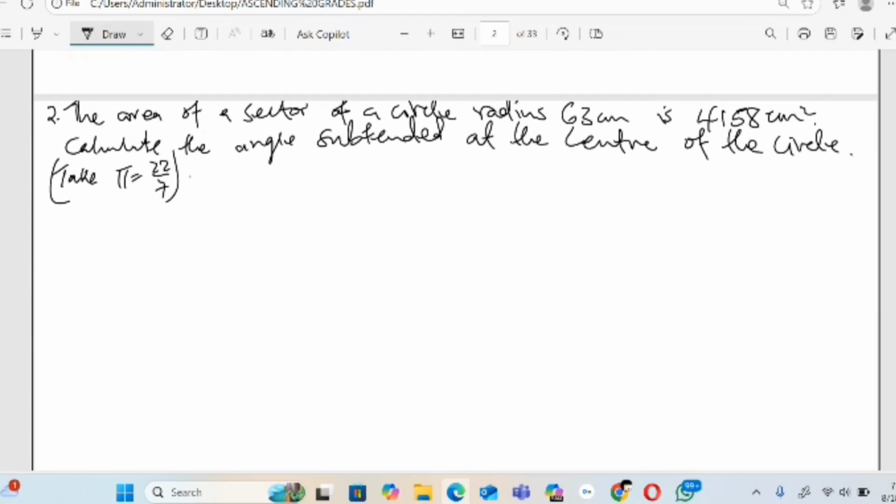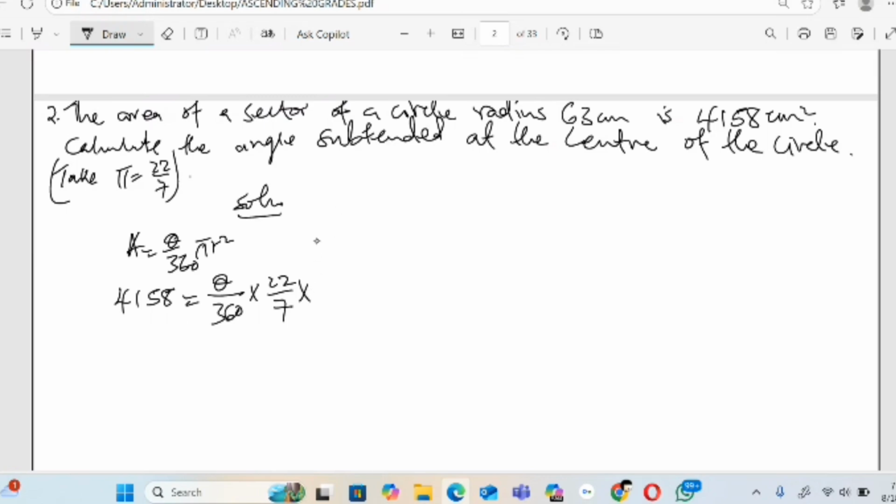So we can solve. The solution: the area we are given, area is theta over 360 pi r squared. Area is given to be 4158, which is equal to theta, which we are not given, divided by 360 times 22/7 times r squared. Our radius is 63 squared.